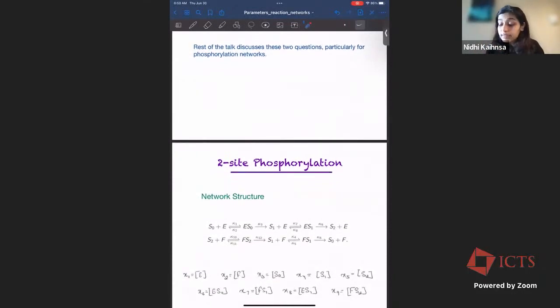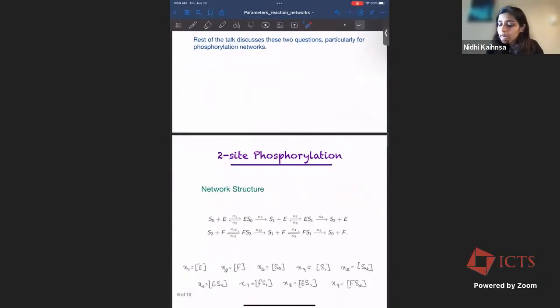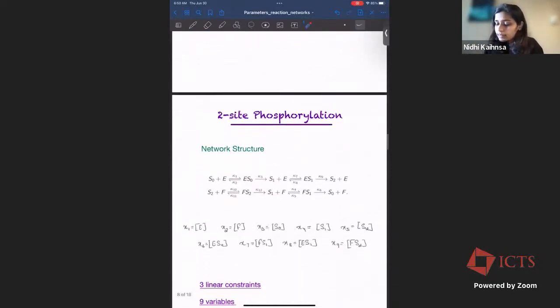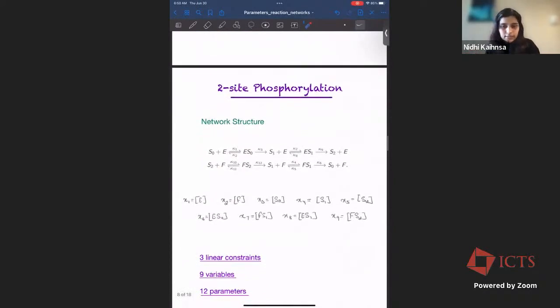To make things easier for us, there are 9 of these species: S0, E, F, ES0, S1, FS2, and so on, and we are going to label them X1 to X9. If we explicitly write out their ordinary differential equations, we'll find that it has 3 linear constraints, and it depends on 9 variables and 12 parameters, right?